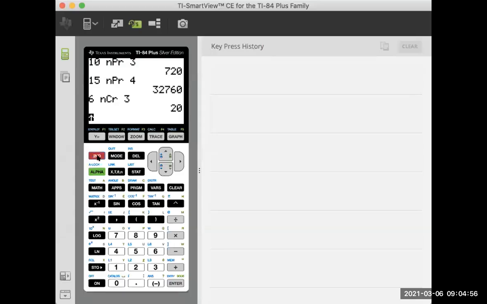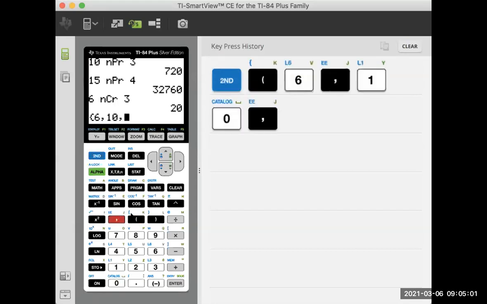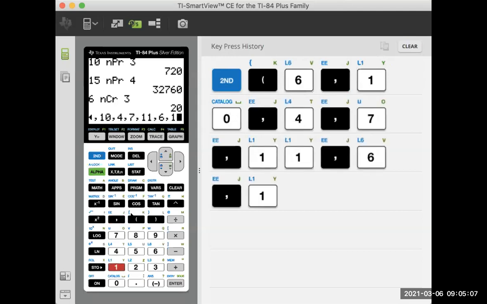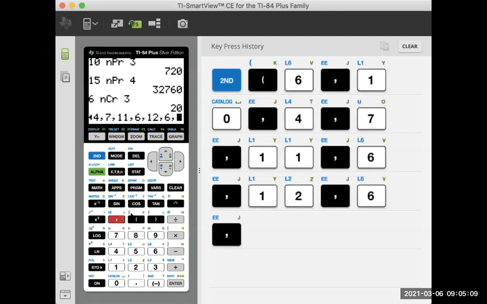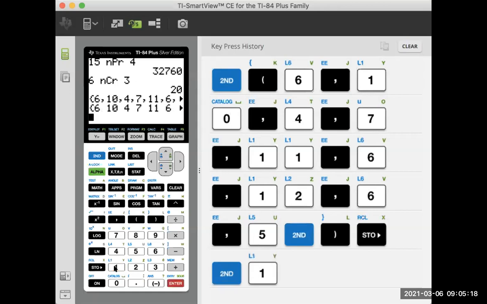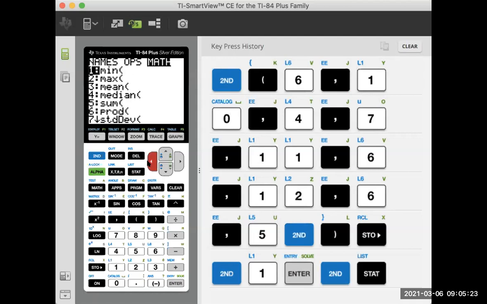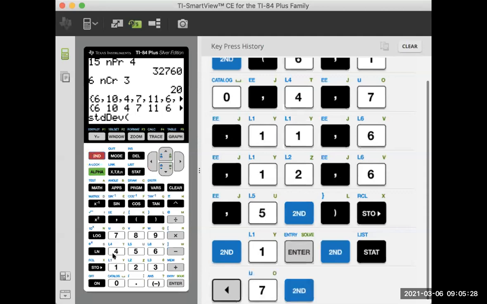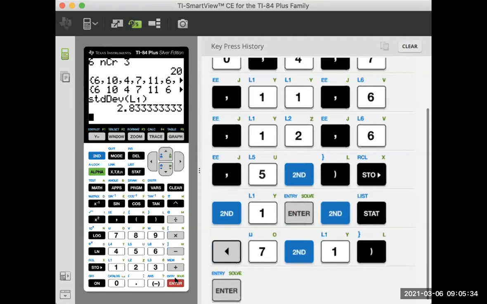Let's input my data: 6, 10, 4, 7, 11, 6, 12, 6, 5 into L1. And let's find its standard deviation. So List, Math, standard deviation of L1. 2.833.